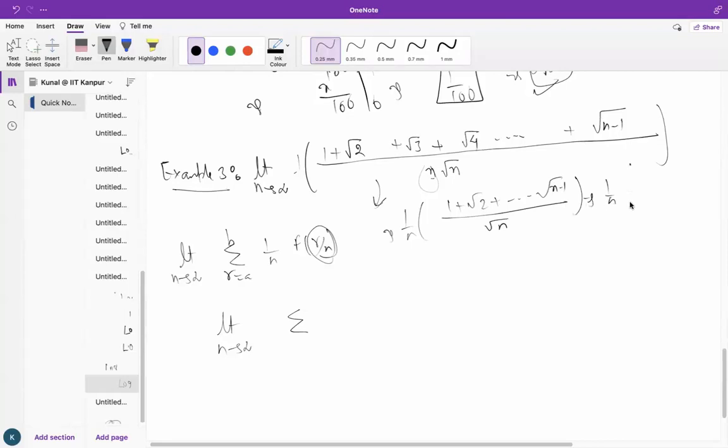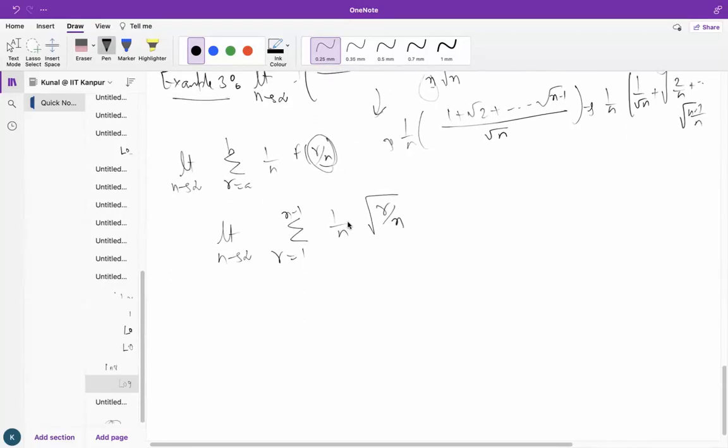So there will be 1 by n, and then separate this thing. We get 1 by root n, root under 2 by n, dot dot dot root under n minus 1 by n. So we get the summation 1 by n, root under r by n, where r varies from 1 to n minus 1. Now we have converted our series into this format.